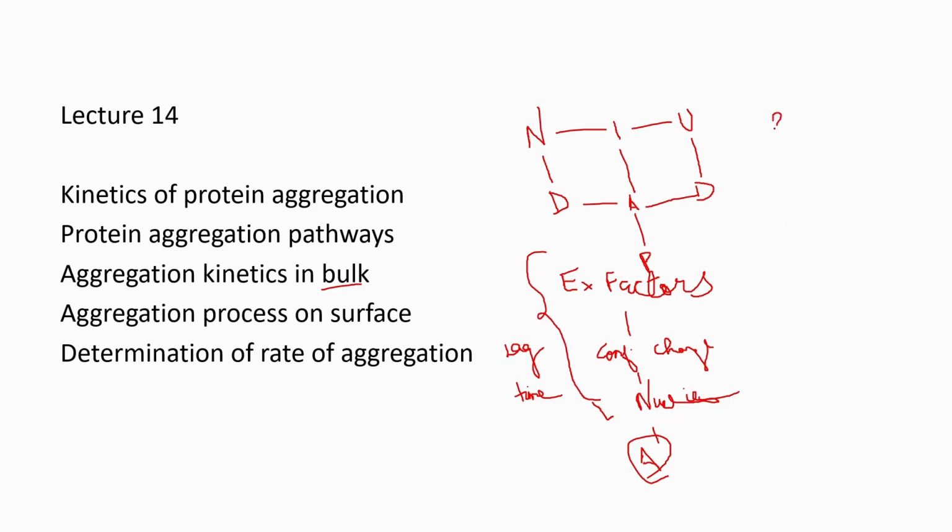It basically follows second order kinetics, that is, these molecules combine together and form bigger aggregates, which can be given by this equation: minus dn by dt equals k n square, where k is the rate of aggregation.